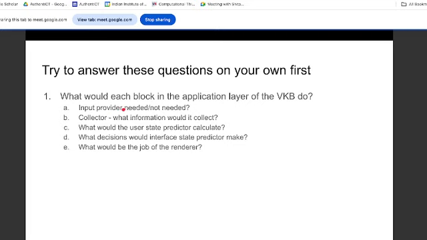In that case, what will the input provider provide? The user specific action time, or the user specific words utilized by the user. All those things, the user's input, is provided, and they are also getting calculated. Now the collector, what information would it collect in that case?